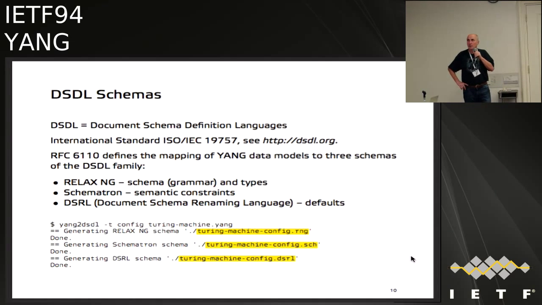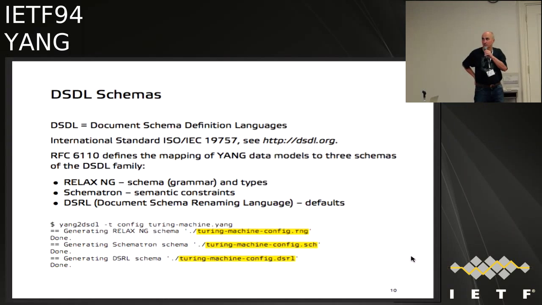In Pyang, this validation of instance data can be done in XML, and I will tell you how to do it in JSON as well later. It's done using so-called DSDL schemas. I don't want to go into details about this DSDL family of schemas because it requires some XML background.